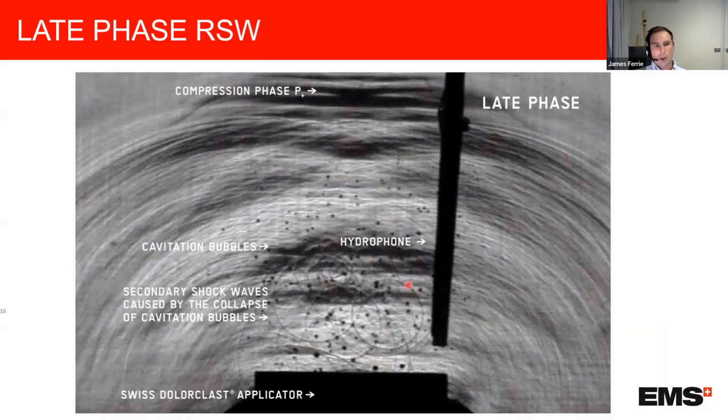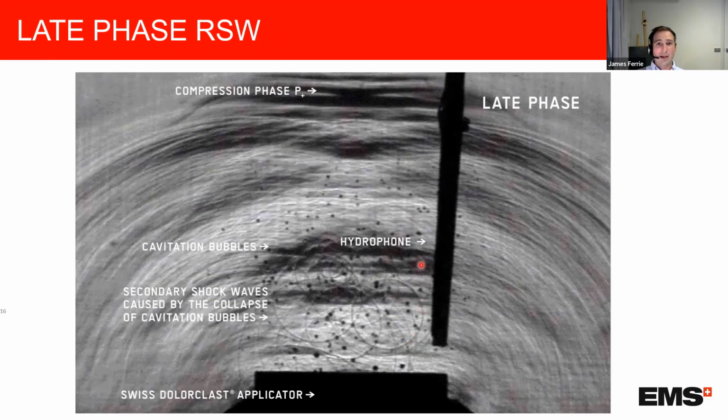If you have a look closely, you can see some radiating rings leaving from that site, and these are the implosions. As those little cavitation bubbles implode, it causes secondary shock waves, and these have an effect on the cell membrane, which causes the release of various cytokines and neurotransmitters that's important for our clinical effect.